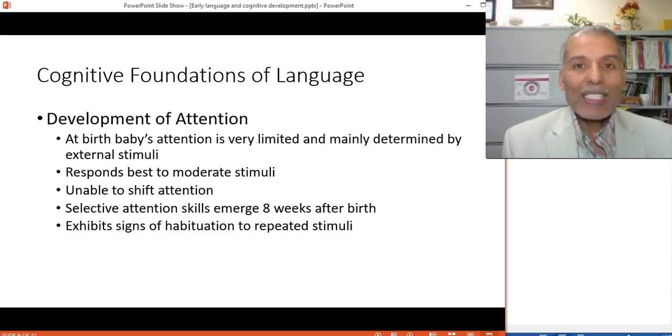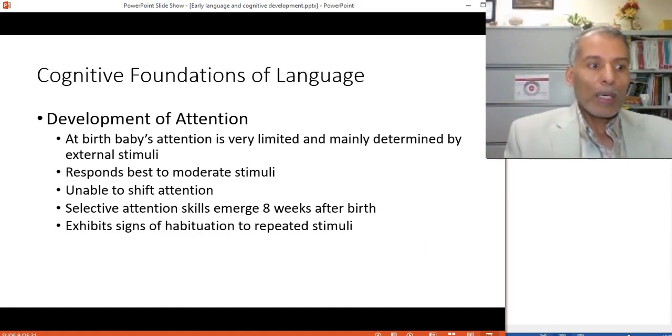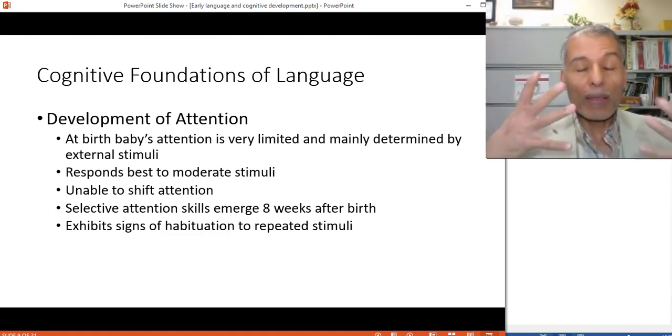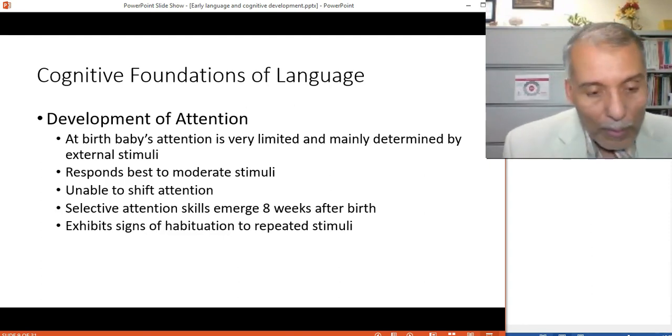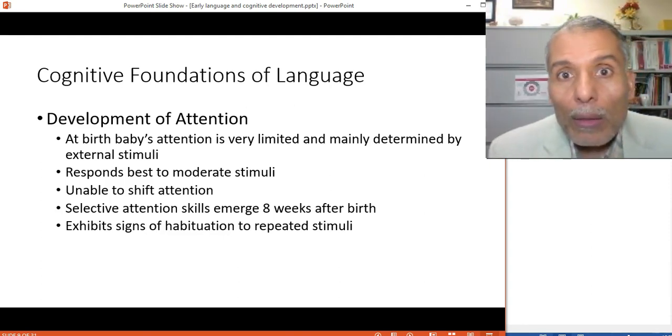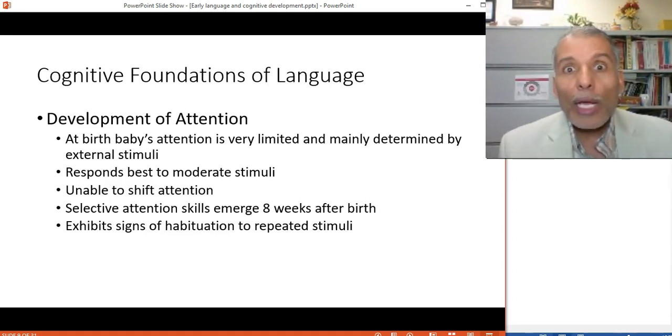If there's an intense light, the baby is going to be startled, and especially at the beginning, the light reflex is very strong. Once babies hold attention at some point, they are fixated, and would have difficulty breaking away from something that they fixate on.